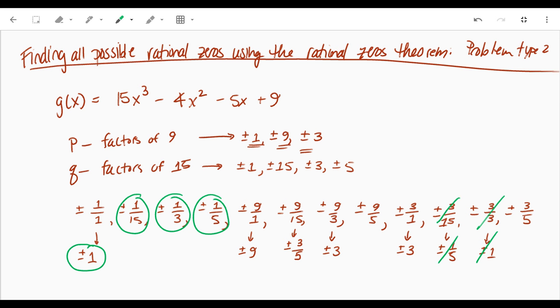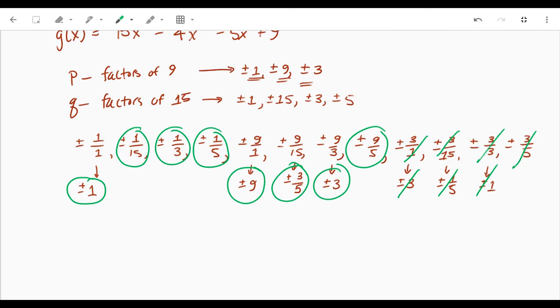Positive negative 9. Okay, positive negative 3/5, and there's another 3/5 over there all the way to the right. There's another 3. And then we get our 9/5. So I don't think I have any repeats now. 1, 2, 3, 4, 5, 6, 7, 8, which would be a total of 16 possible zeros, right?